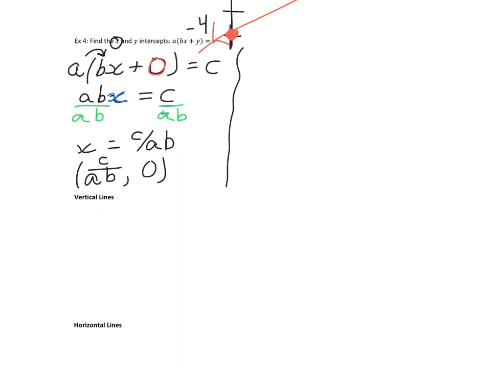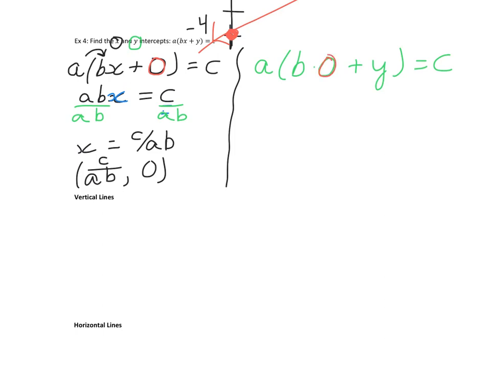Okay, and similar situation for our y-intercept. If we wanted to find our y-intercept, now we let x be 0 and solve for y. Okay, so again, in this case, I let x be 0.